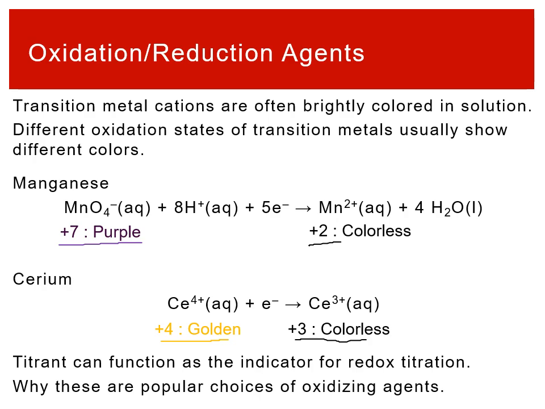So that's why these two particular ions are so commonly used in redox titrations, because they're really good oxidizing agents, and they have these really bold color changes from boldly colored to colorless, which is important. You get a nice strong change. It's not like purple to green, where you get some brown mix or something. It's purple to colorless, golden yellow to colorless.